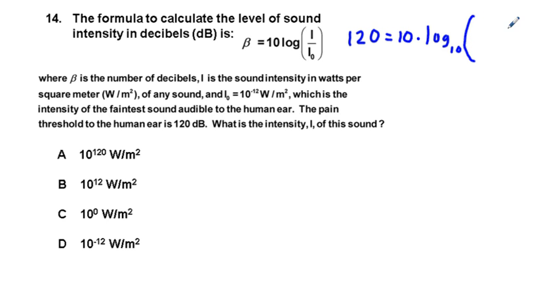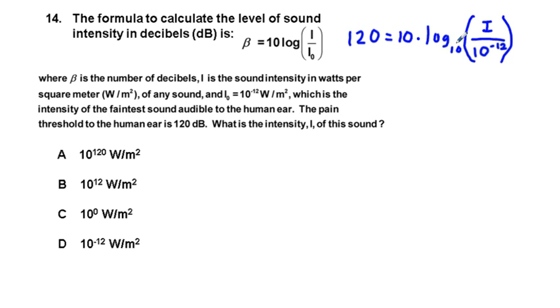And then we have the ratio of I, which we don't know, to I sub 0, and I sub 0 we're given as 10 to the power of negative 12. That would be like a very faint scratch or almost a feather falling, what you could barely hear, 10 to the negative 12 watts per meter squared.